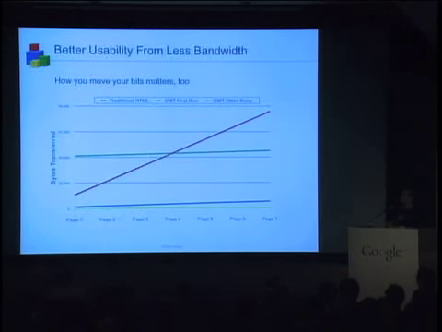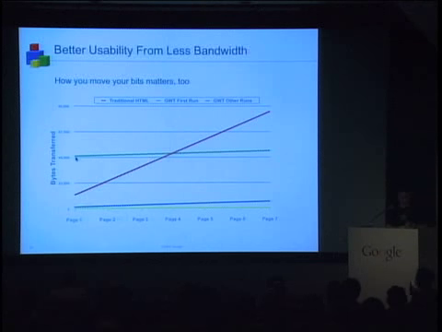Another improvement, better usability from less bandwidth. So how you move your traffic, your bits, to the user from the server matters. With a traditional web page without AJAX, for each new page that is loaded, you have to load a whole new HTML page. And this was just taken using our simple, I believe it was the mail example.